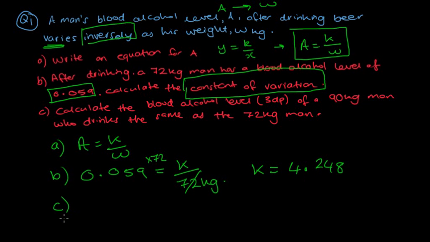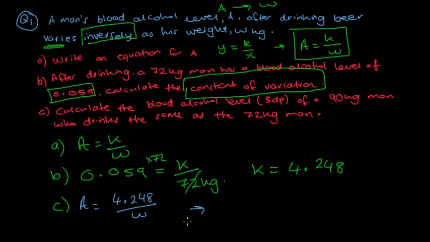And the last part says calculate the blood alcohol level to 3 decimal places of a 90 kilogram man who drinks the same as the 72 kilogram man. So first of all, let's rewrite that formula that we've got, but with the k value in. So A equals, the k value is now 4.248 over our weight.